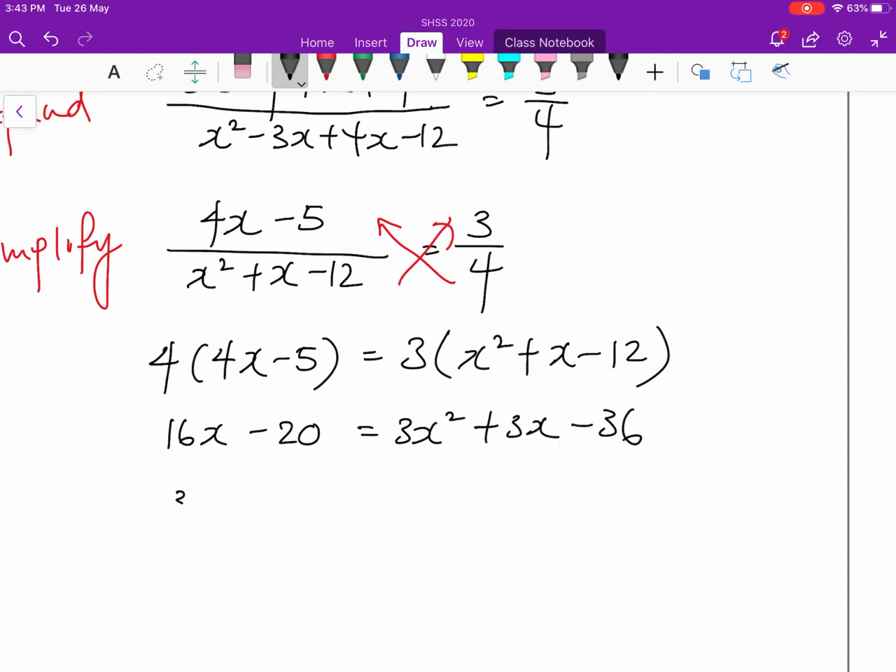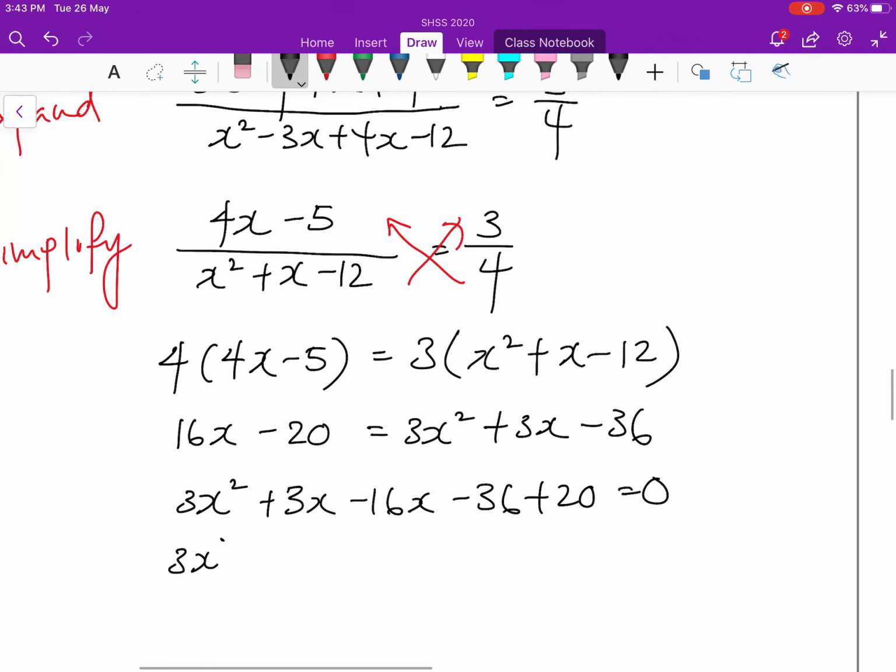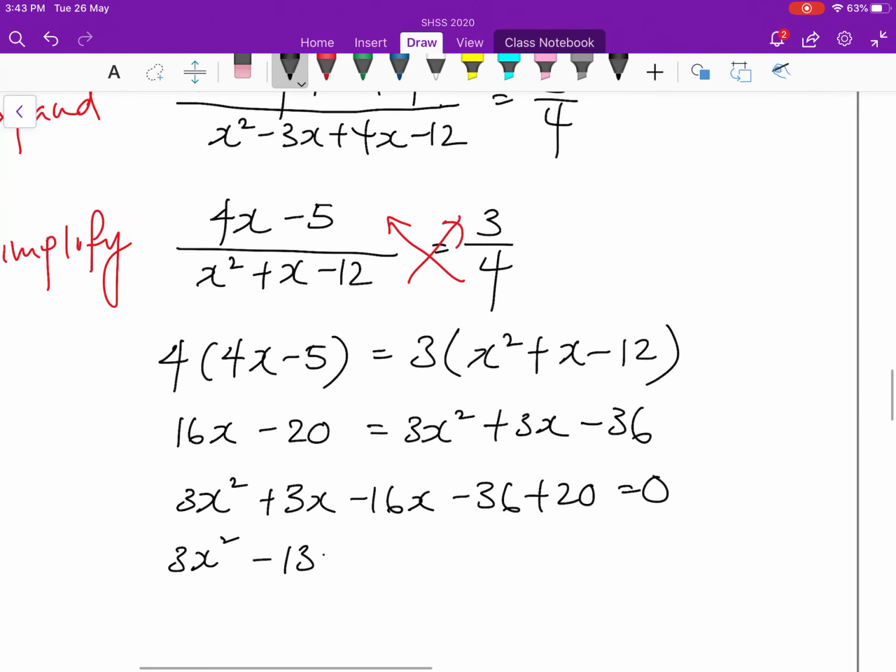Everything bring over, I will have 3x squared plus 3x minus 16x minus 36 plus 20 equals to 0. 3x squared plus 3 minus 16 is minus 13x. Minus 36 plus 20 is minus 16 equals to 0.